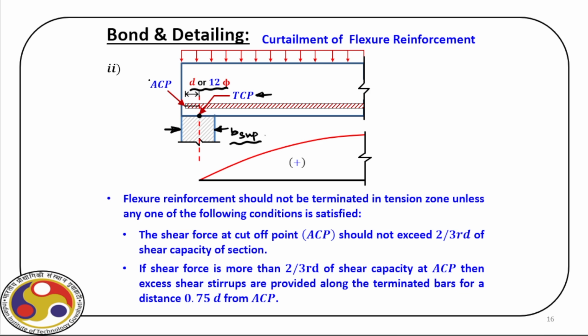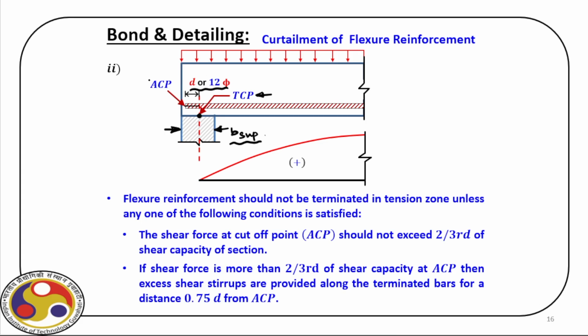Now, flexural reinforcement should not be terminated in the tension zone unless one of the following conditions is satisfied. The shear force at the cutoff point ACP should not exceed 2/3 of the shear capacity of the section. If that is not the case, we cannot propose this termination of the reinforcement.